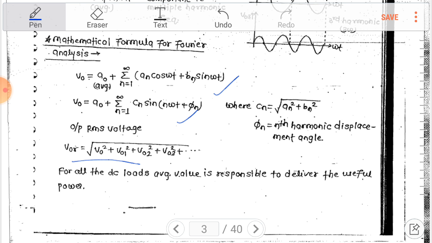Taking the squares and the square root of this is known as the output RMS voltage, and we have to understand that we are analyzing at the DC side.